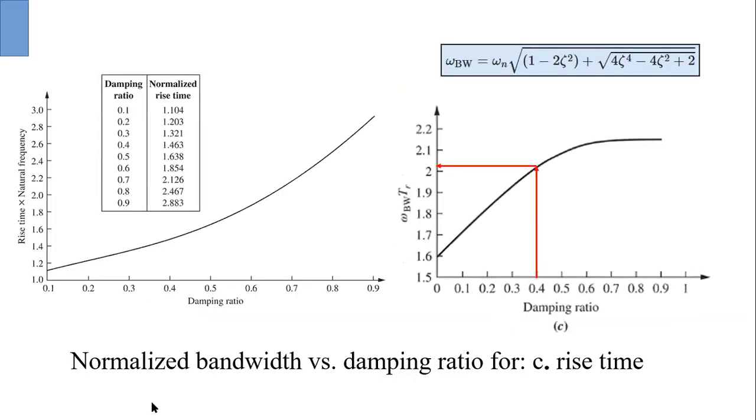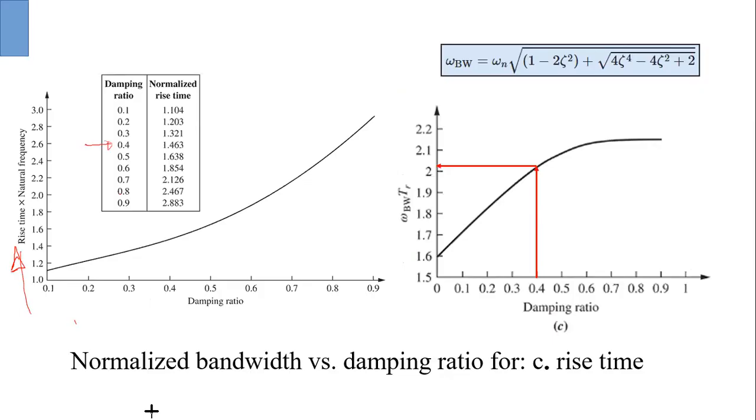So what about the rise time? From chapter 4, we know that there is no direct relationship. So rather we will have a relationship like this here, with the normalized rise time and the natural frequency. Based on that, for any particular value of say zeta, we are just taking this value of zeta.